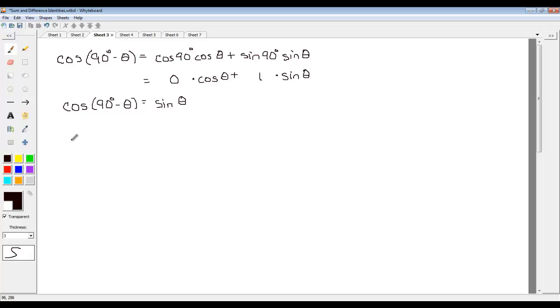Let's say we have something like sine of alpha plus beta. So instead of doing cosine of a sum, we're doing sine of a sum. But we know that the sine of our angle equals the cosine of 90 degrees minus that angle. So this equals cosine of 90 degrees minus the quantity alpha plus beta.